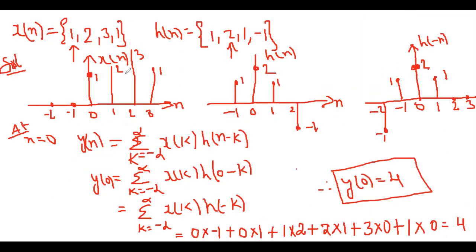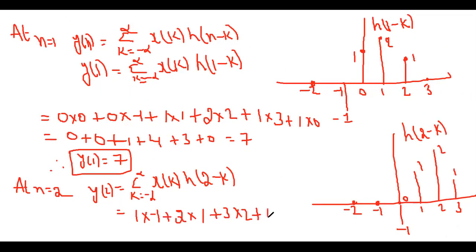Okay, my dear students. 1, 2, 3, 1. 1 into 1. Okay. So minus 1 plus 2 plus 6 plus 1. So add the 0. There is a 1 here, here minus 1. So 1 into minus 1. Add 1. There is a 2 and here it is a 1. So 2 into 1. Add 2.